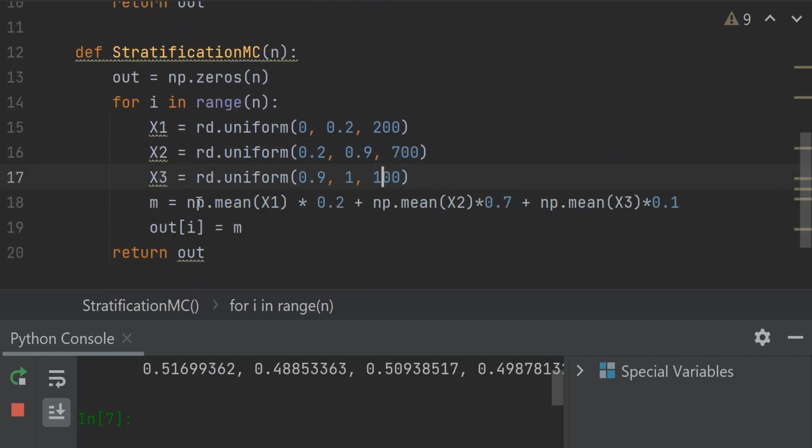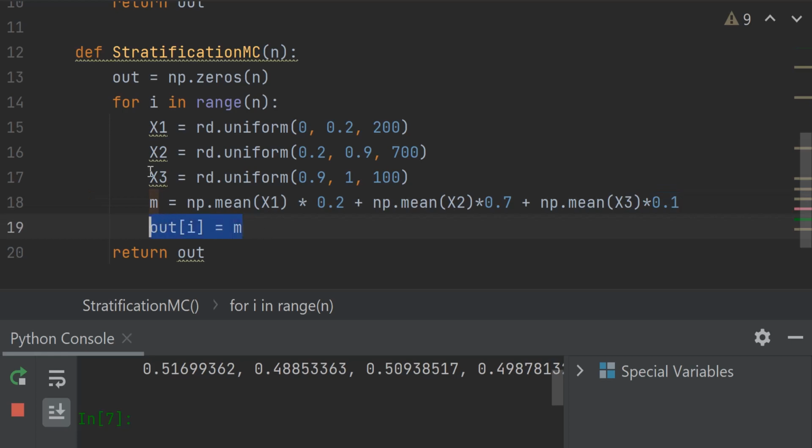Then I estimate the mean by taking the mean of the first, multiplying that by 0.2, then taking the mean of the next strata, multiplying that by 0.7, and then taking the mean of the outcomes from the third strata, and multiplying that by 0.1.